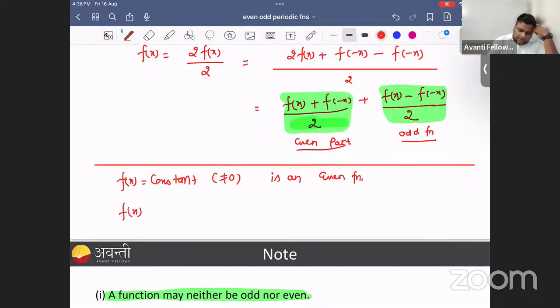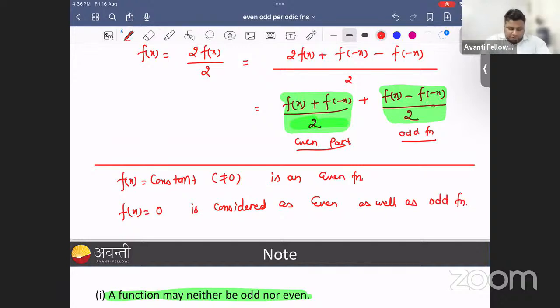But f(x) equals 0 is considered as even as well as odd function. Got it? So f(x) equals a constant is an even function, but f(x) equals 0 is considered as even as well as odd function. That is the only such function, f(x) equals 0.